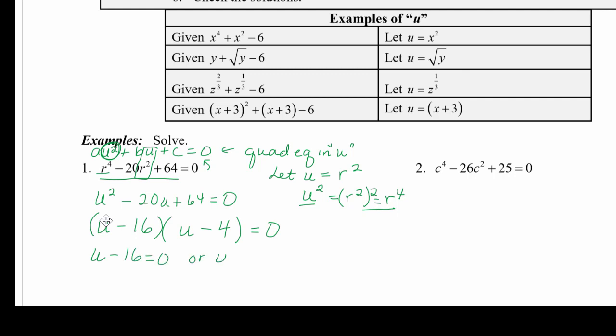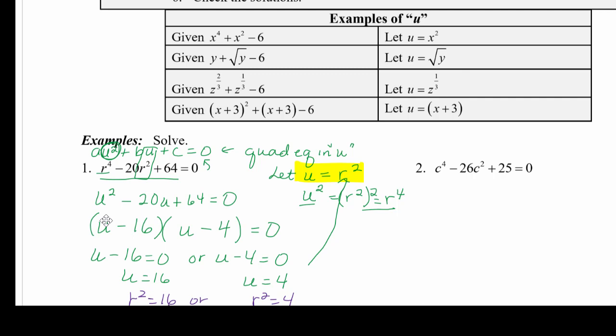Set these to 0 with the zero factor property, and I get u equals 16 or u equals 4. But don't stop here, because now you go back up here and remind yourself that u was r squared. So now we're going to substitute r squared equals 16 or r squared equals 4.